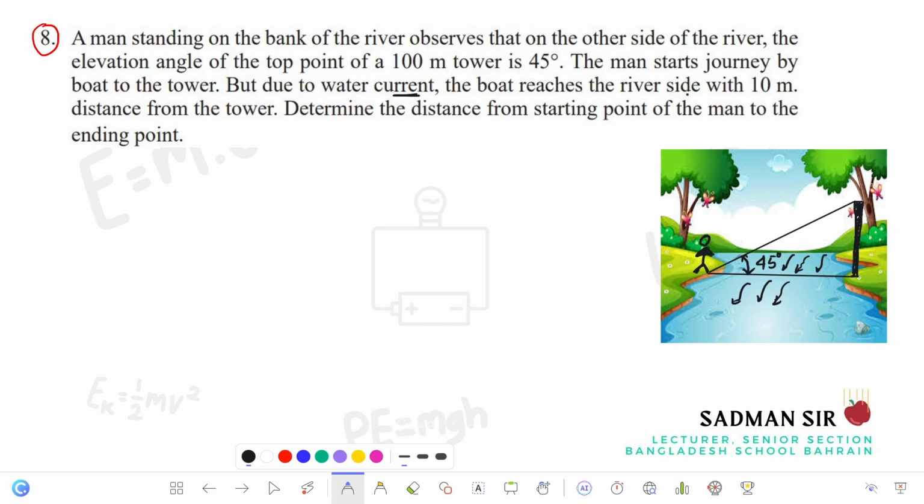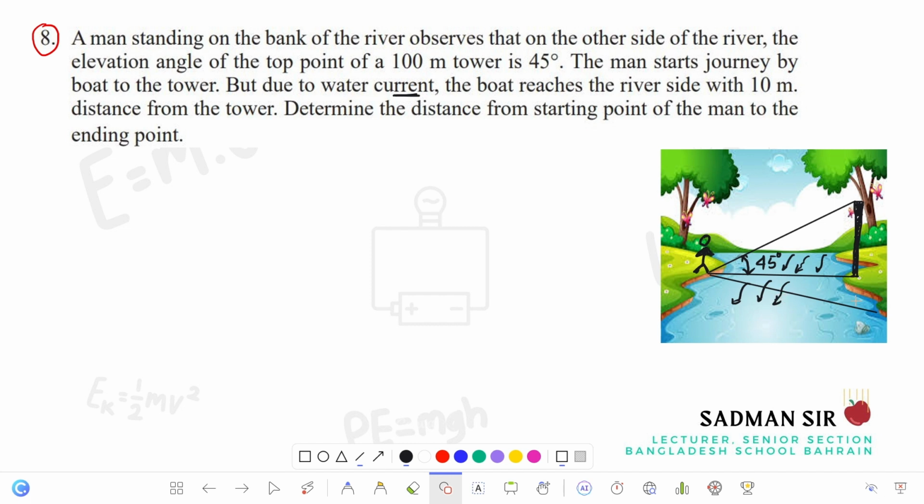The boat reaches the riverside at a 10-meter distance from the tower. Oh, okay. So what happened? He wanted to go straight to the tower, but as the water is flowing to this side, he couldn't go straight. Rather, he traveled a distance along this direction. Let me show you. He actually reached some other point, maybe here. The water dragged him a little bit to this side.